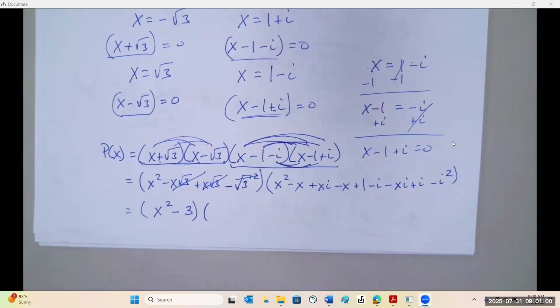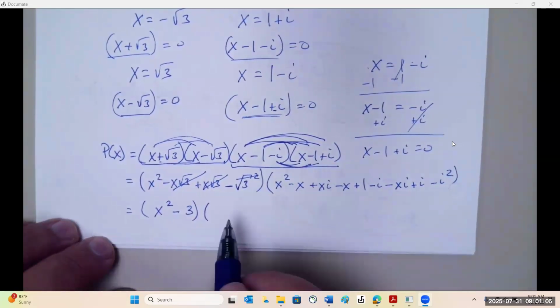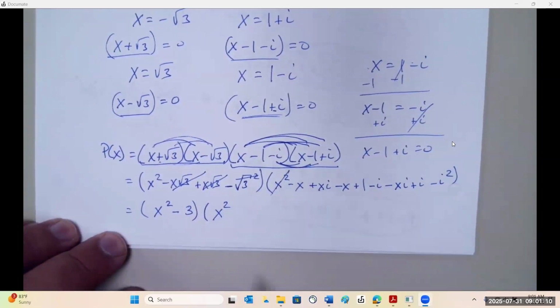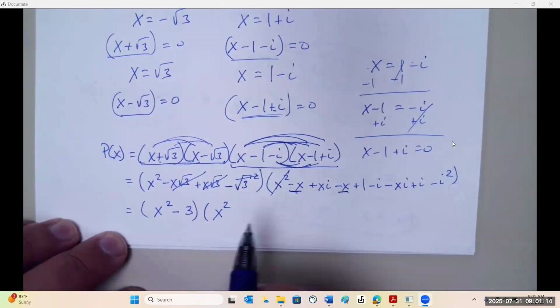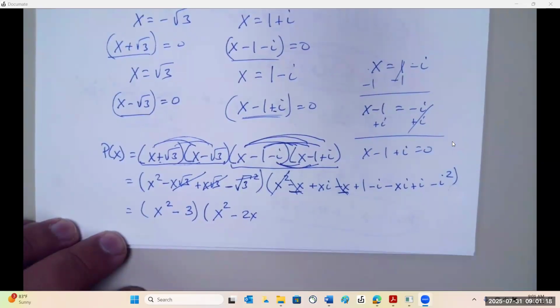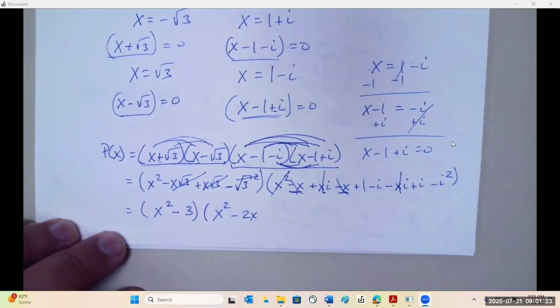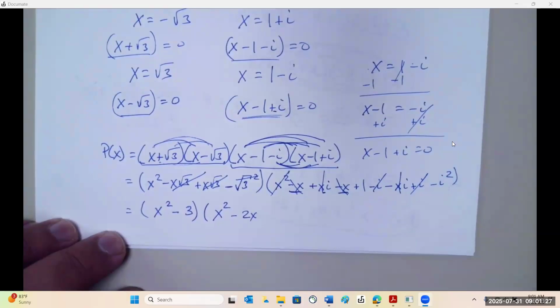Now what do we do? Combine, yeah, whenever you get rid of parentheses, combine like terms. So how many x squared? I just have that 1 x squared there. We have a negative x, a negative x. That makes it negative 2x. Positive xi, negative xi cancels. Negative i, positive i cancel.